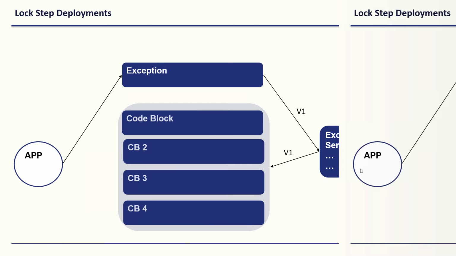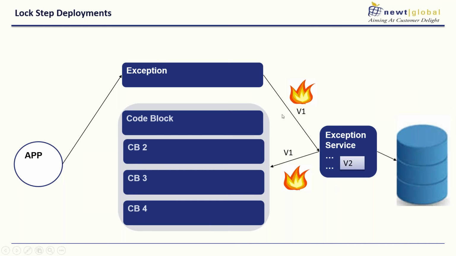What would happen in this scenario is, with the other being version 1, the interactions between the various code blocks and the exception service would break the outcome. So we need to make sure that the entire set of services is orchestrated in a lockstep fashion, so that we have a smooth roll into production, right?